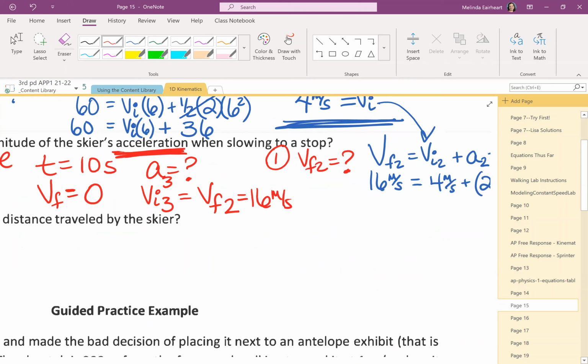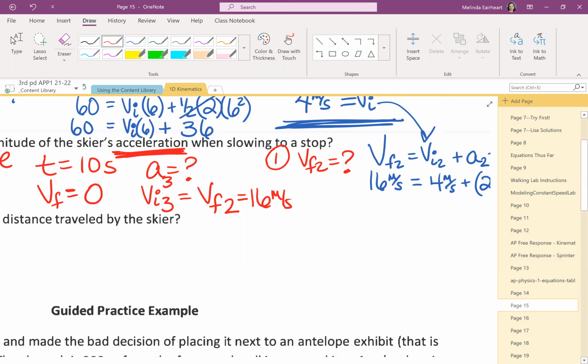Knowing both velocities and time, and looking for acceleration, what equation will we use to find this A3? Which equation? Same one, but watch out, the different numbers go in different places.